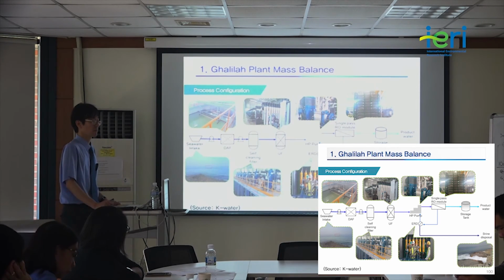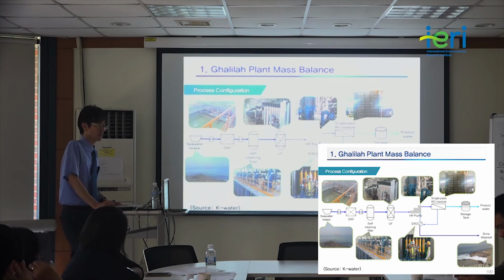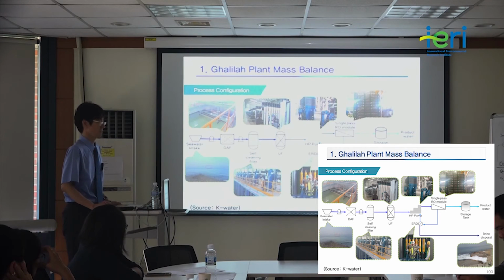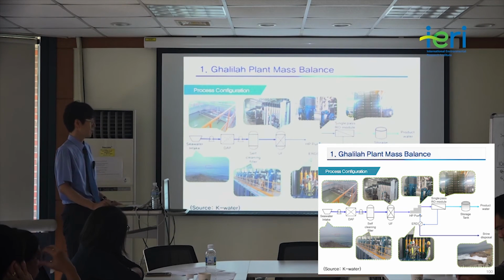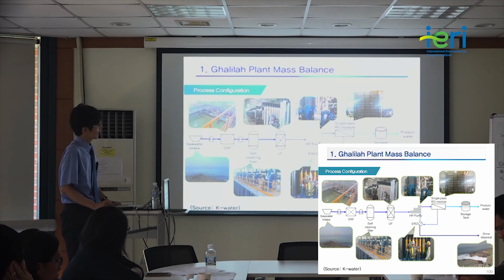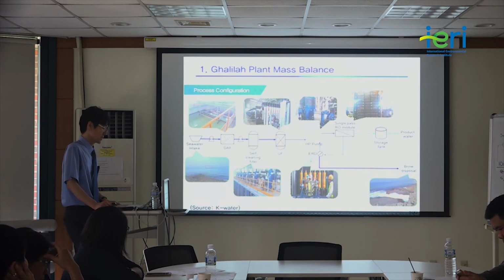Since they have some allowance in the salt concentration in the product water, they didn't need to use second phase reverse osmosis. So they only have single phase reverse osmosis. And they used pressure exchanger and high pressure pump. They use this type of high pressure pump, and they have conventional brine discharge. So if you just look at this flow diagram or flow configuration, it is difficult to find the secret of low energy consumption in this plant.